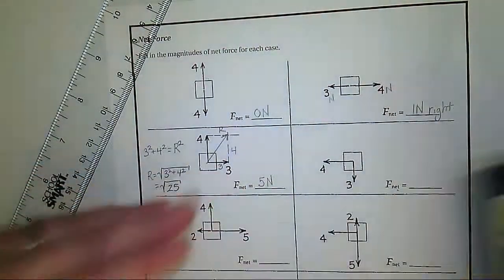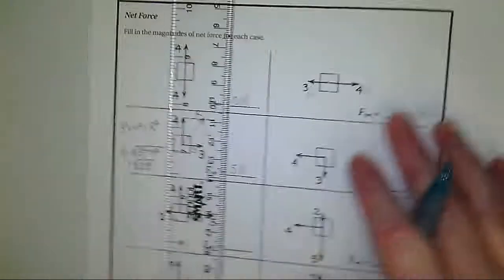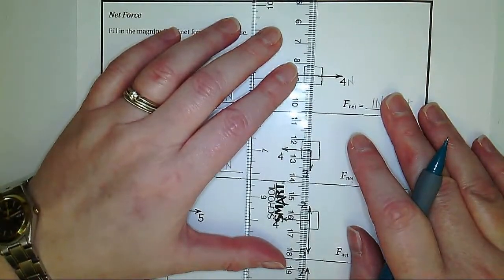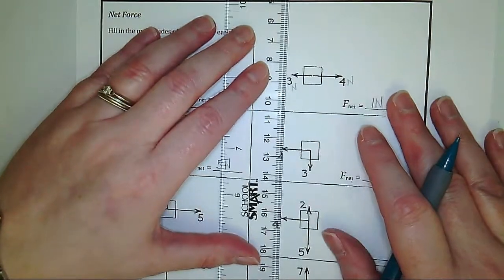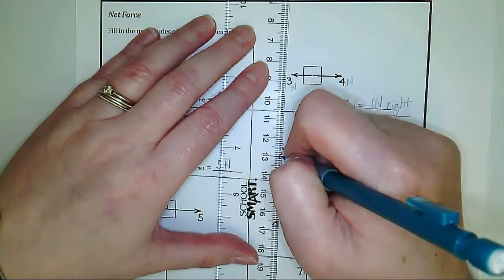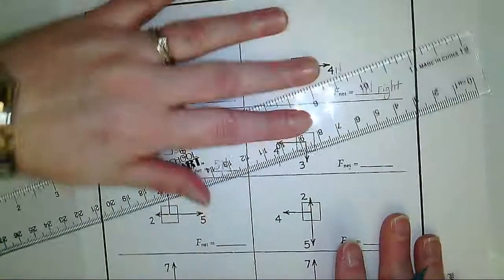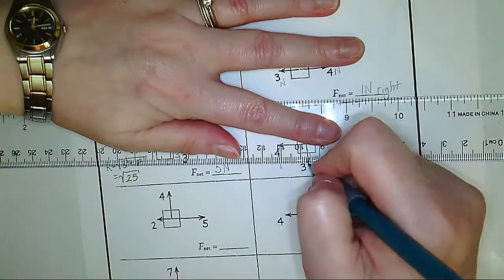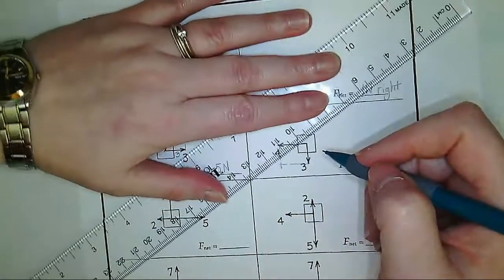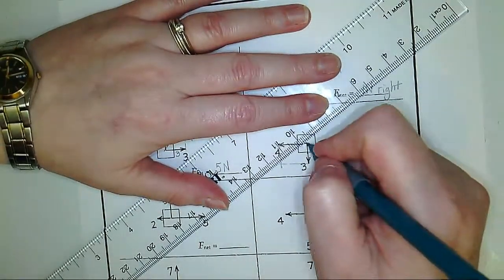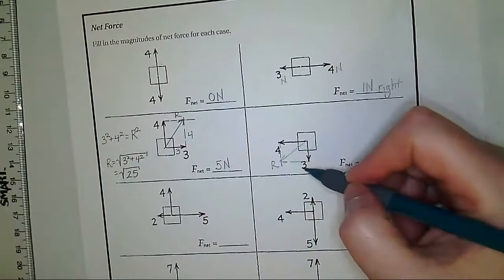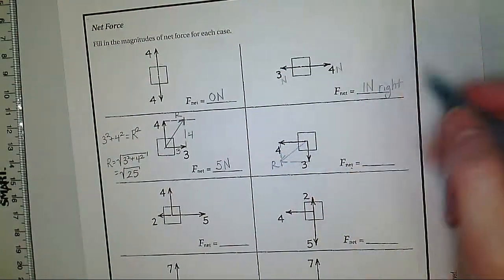which you probably know. Now, you guys, is it really going to change anything here? Not really, right? It's going to change the direction, but the magnitude is going to be the same. But mathematically, I'm still doing 3 squared plus 4 squared and taking the square root.